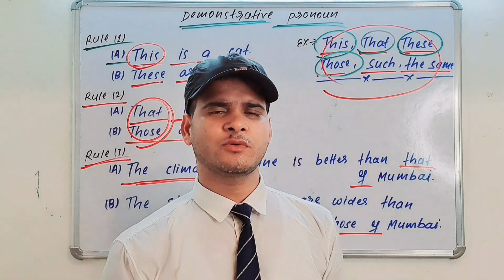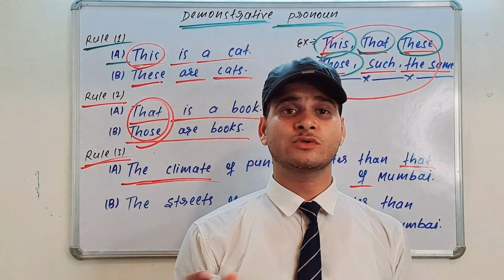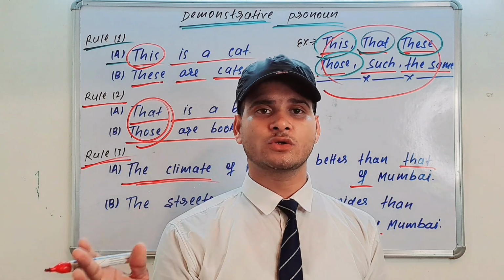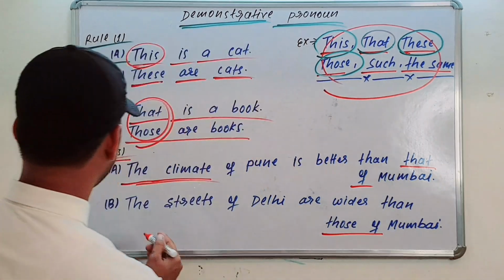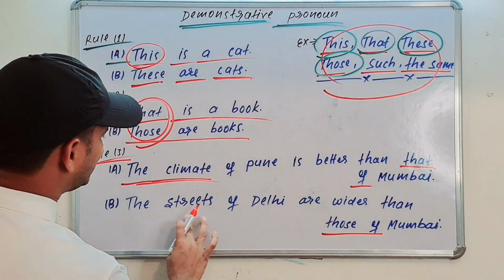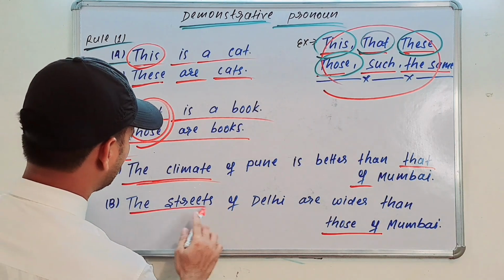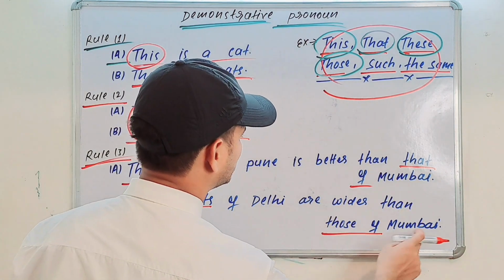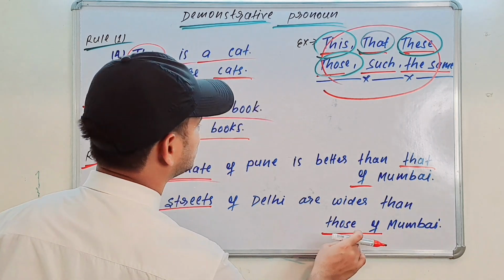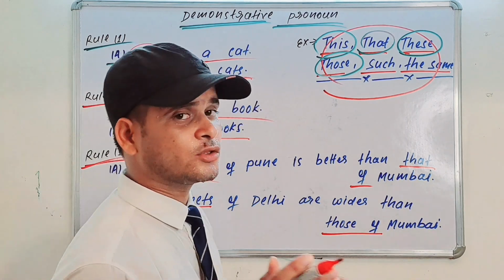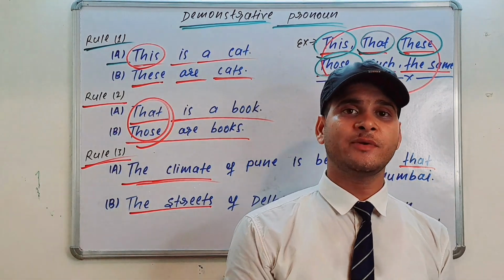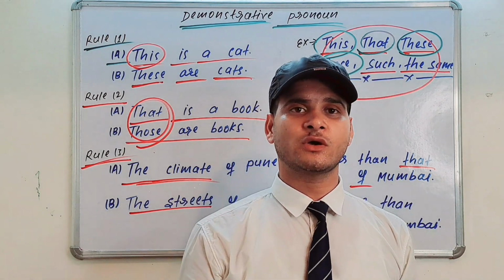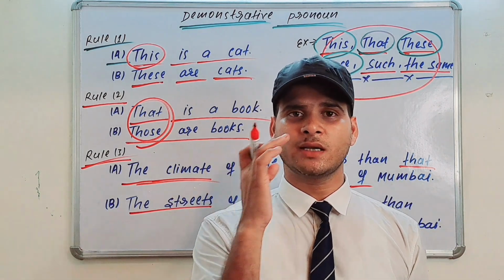But if you want to use a plural noun, then you have to use "those of". And in the second sentence here, see, the streets of Delhi are wider than those of Mumbai. Again, "those of" is used here to eliminate the repetitive use of a plural noun in a sentence.